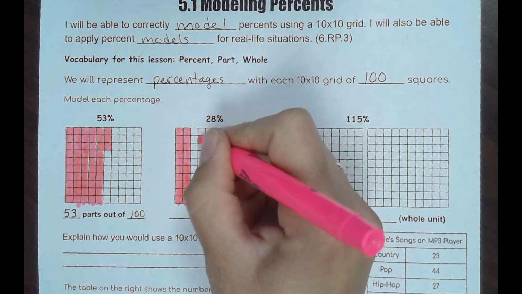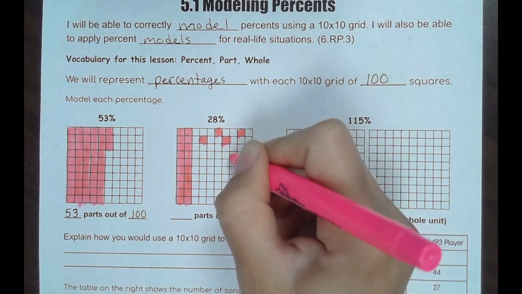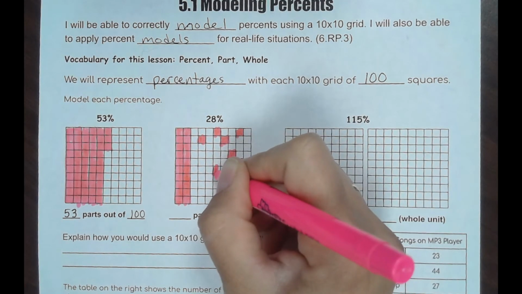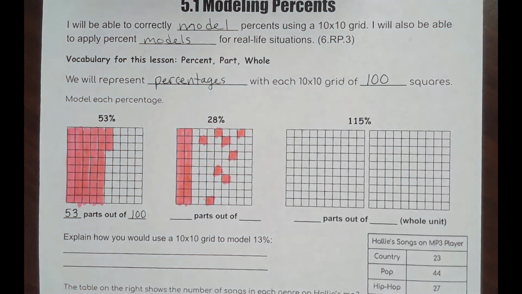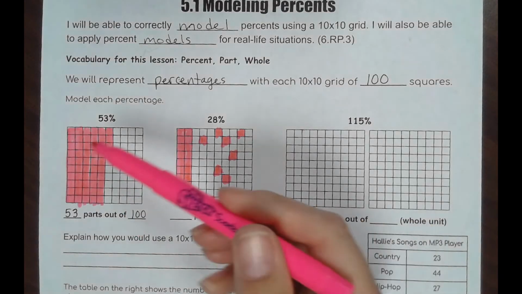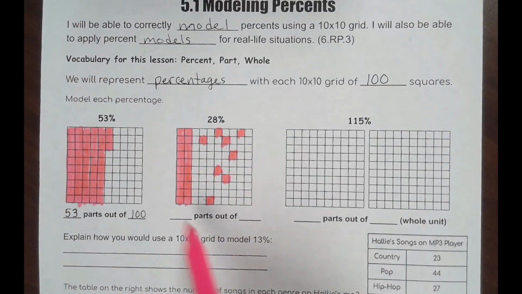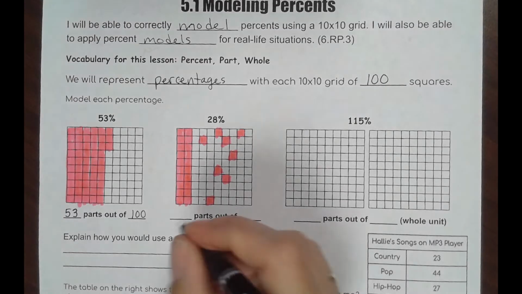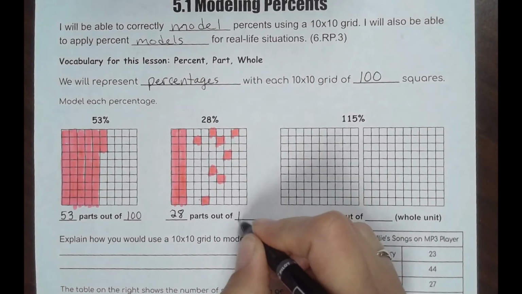I can color 1, 2, 3, 4, 5, 6, 7, and 8 if I want to. That would be 28%. However, just for our visual learning, it's nice to group it together like we did here. We could also color 10 this way, or we could count 28 squares. As long as 28 of them are shaded in out of the 100, then we have modeled 28%. So, 28 parts out of 100.